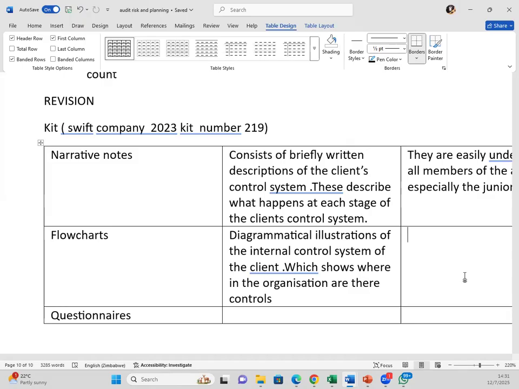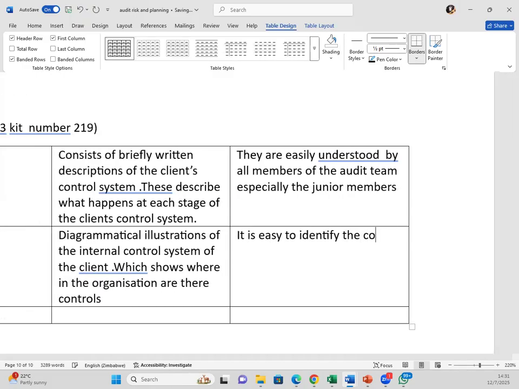So it means that it is easy to identify the controls present, as all controls are shown on one diagram.